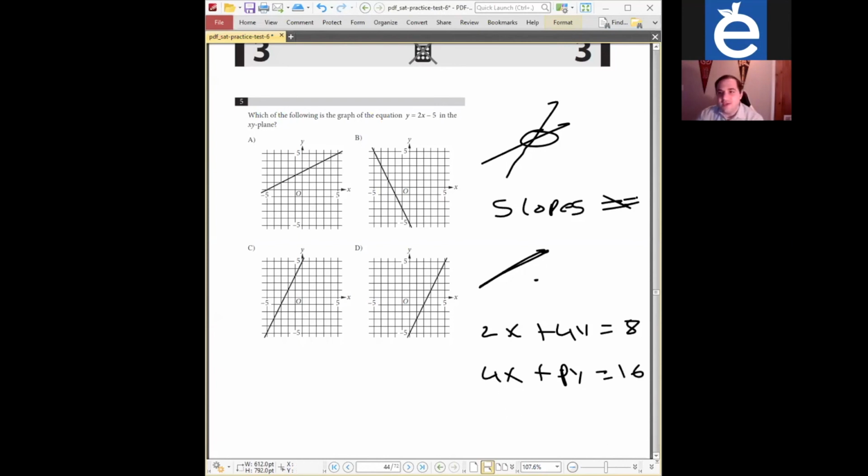What value of p gives you an infinite number of solutions? Well, this equation is the same as this, it's just that all the things are doubled. So when p is 8, these are the same exact line, and you'll have an infinite number of solutions. That's how you'll see that come up.